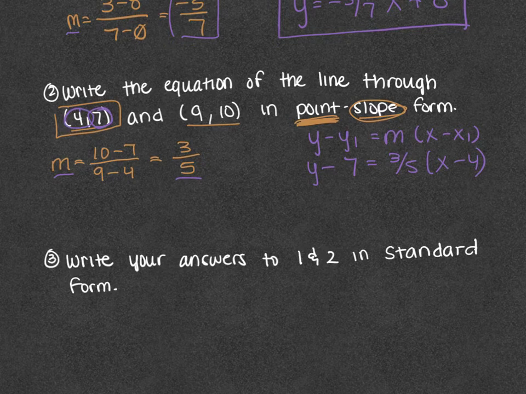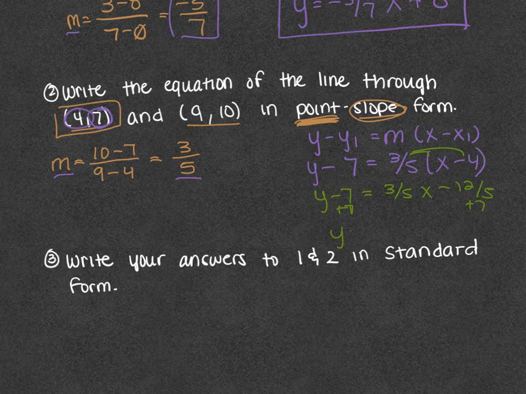Let's say we actually wanted to take this and write it in slope-intercept form. All I would have to do is a little bit of algebra. I could distribute my 3/5, and I'd get y minus 7 is 3/5 x minus 12/5. Then to get y by itself, we're going to add 7.